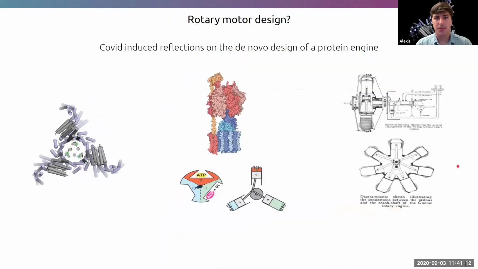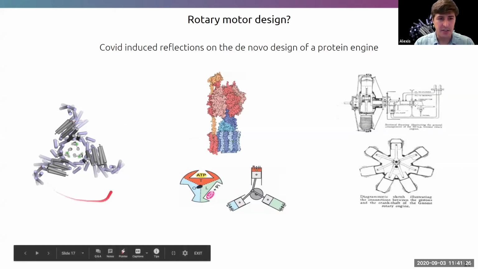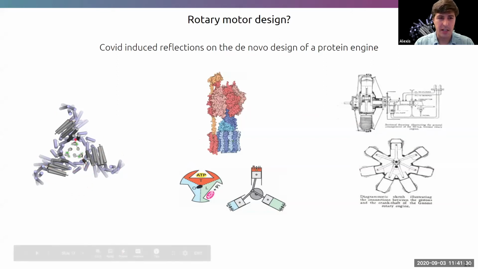Okay, so that's what I wanted to show you, but very briefly, we're thinking about other kinds of designs and other machines we can make. The first reflection I had, especially during COVID, since I had a lot of time to think about these things, is that the thing I designed is really just a very simple scheme, with 3 binding sites that are symmetric for the fuel, and that's definitely not the most efficient way to do it.